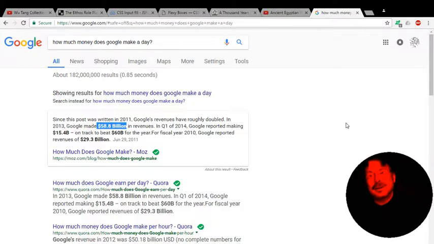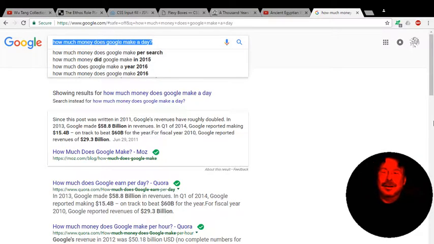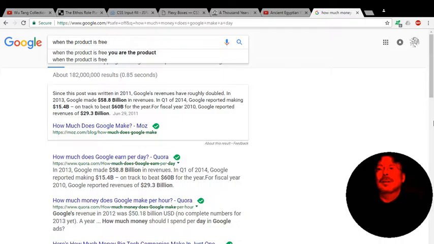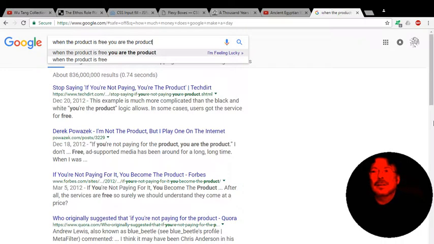It's not free. People who say it's free are kind of missing an essential thing. Which is this: when the product is free, you are the product. So it's not free.